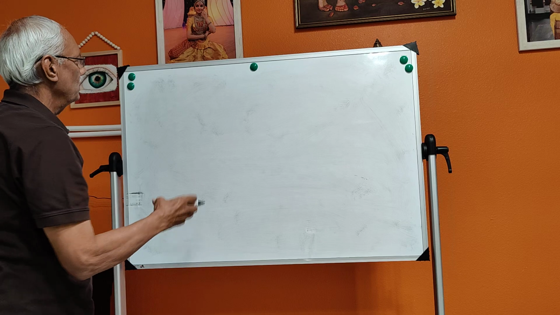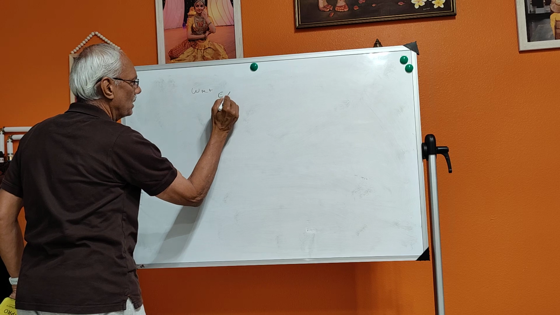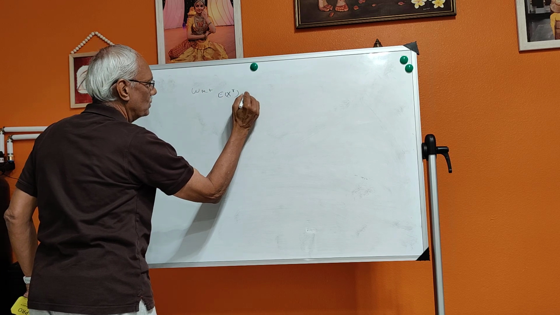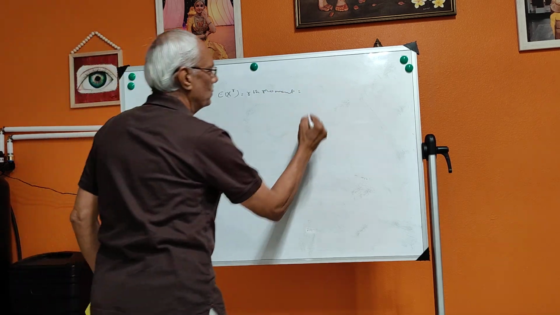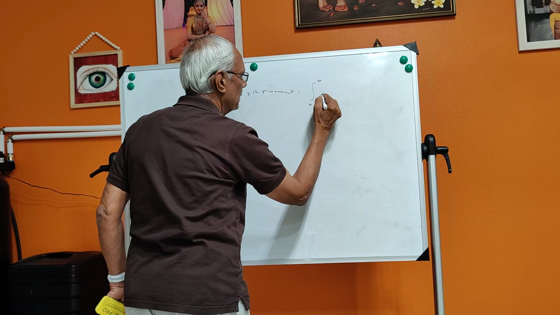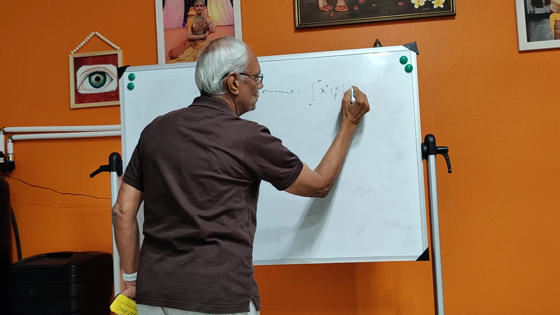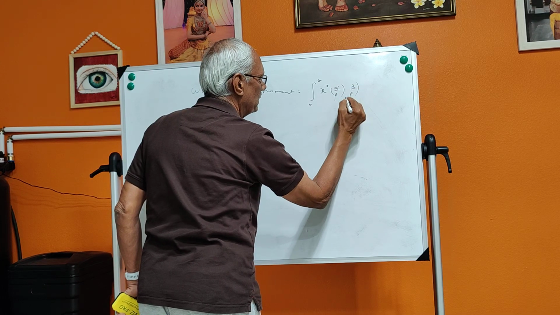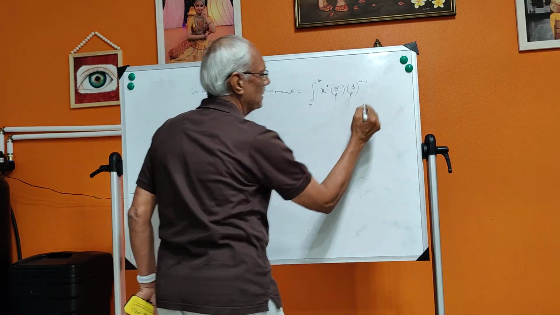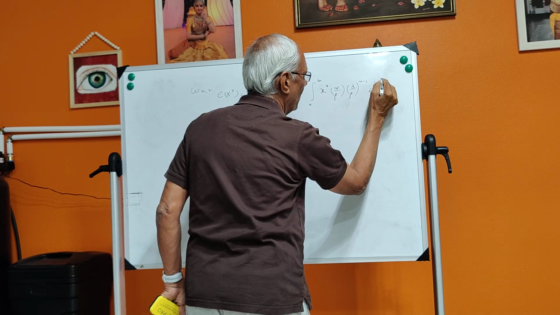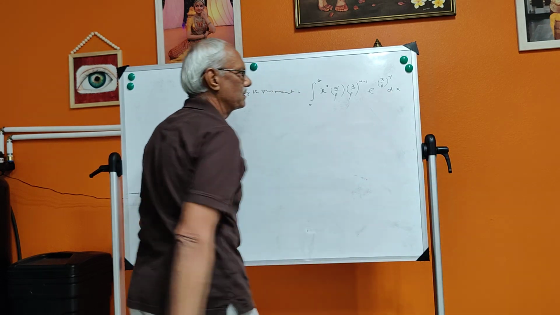Now, I'll start with this. We know that E of x to the power of r, the rth moment, is equal to the integral from 0 to infinity of x to the power of r, alpha by beta, into (x by beta) to the power of alpha minus 1 into e to the power of minus (x by beta) whole to the power of alpha into dx.